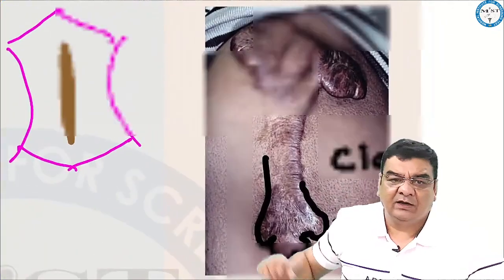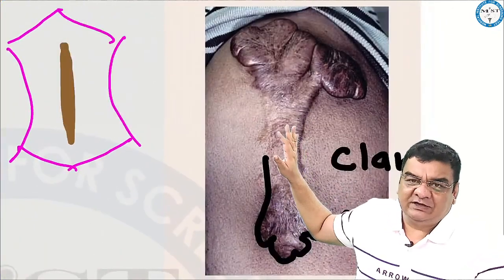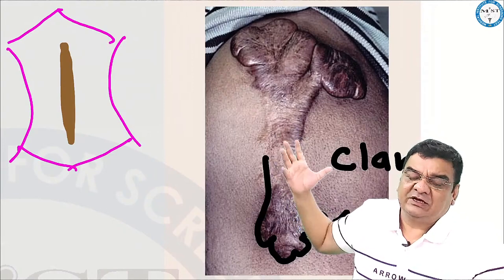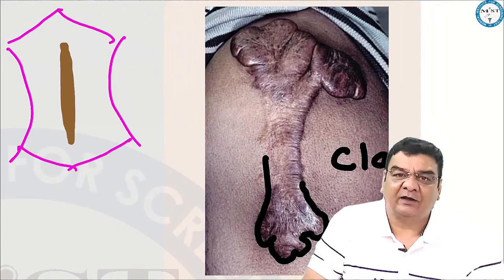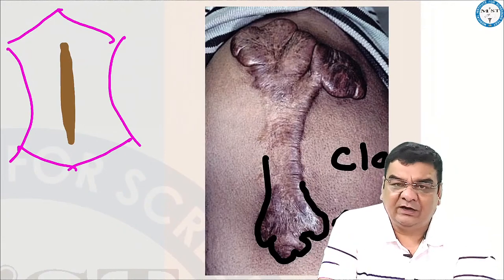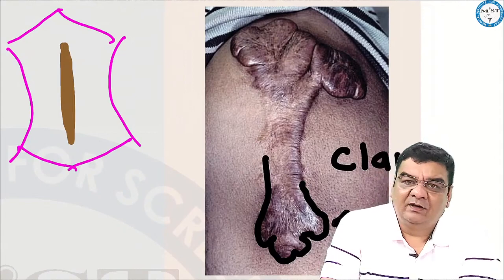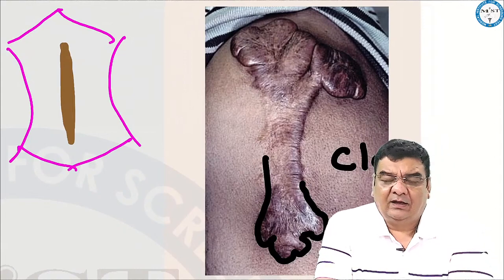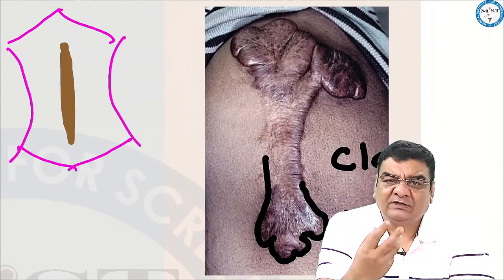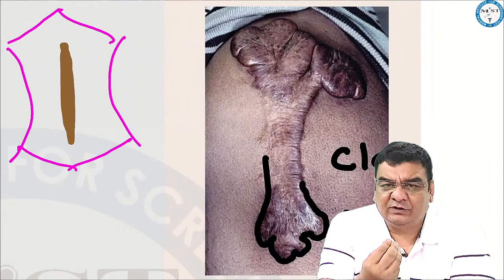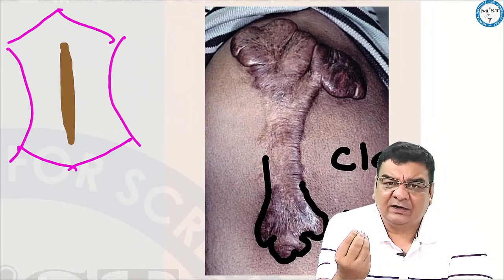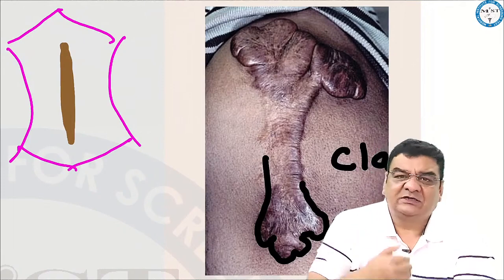These keloids are more commonly seen in blacks, more commonly in females, especially the Afro-Caribbean. That means the African people, the West Indies people, the keloids are more common. They are more common over the places where God has given very little soft tissue in the body. The common site for both hypertrophic scar and keloid is the sternum.